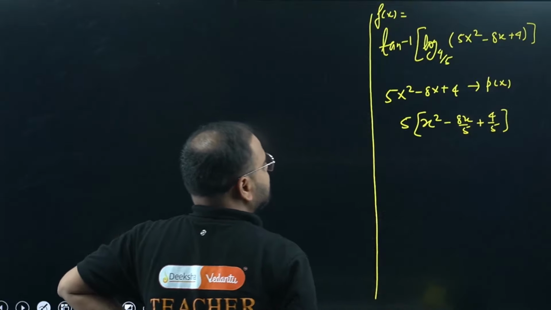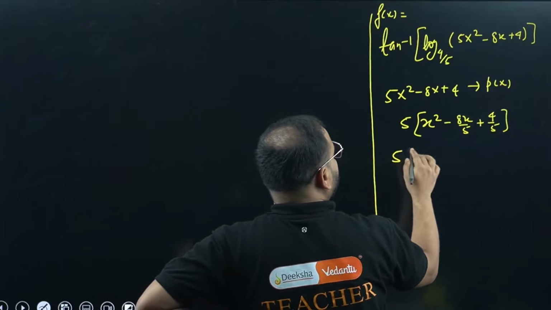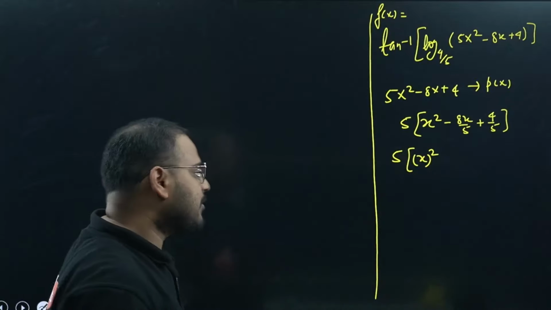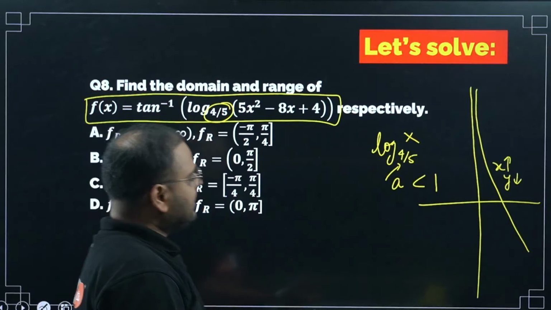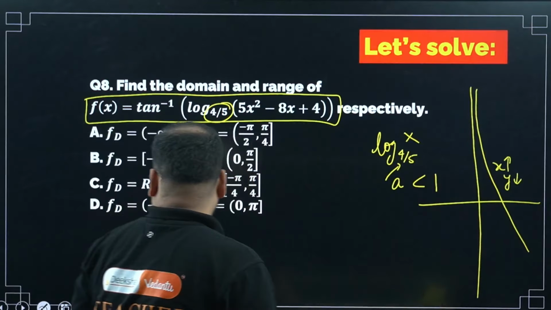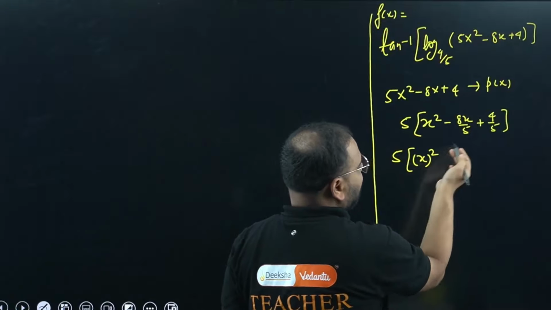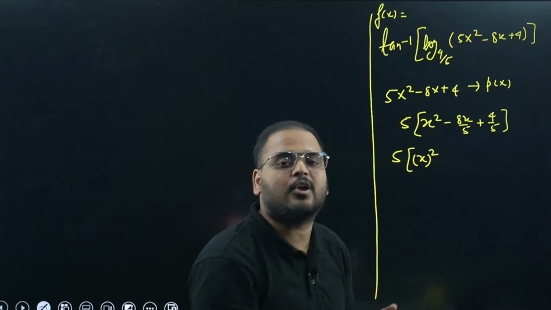The same p(x) I am representing like this. So I can make this a perfect square. Why make a perfect square? It will make sense, and I'll relate it with this graph. Let me continue for a second. If I have to make a perfect square, I can make it a plus b the whole square or a minus b the whole square.